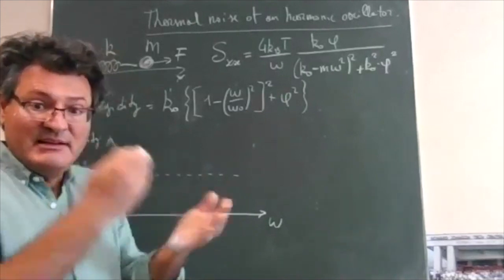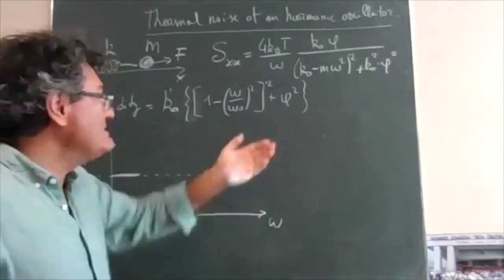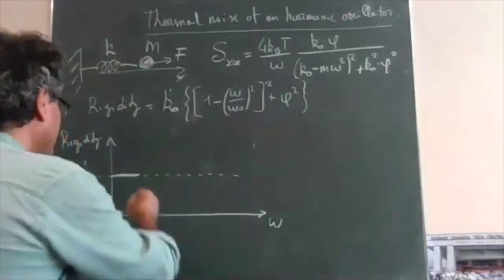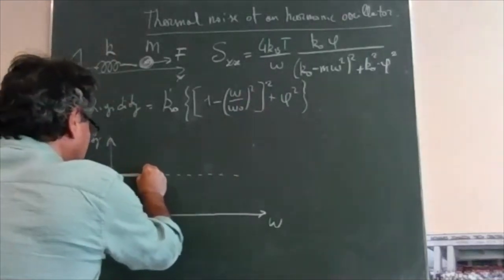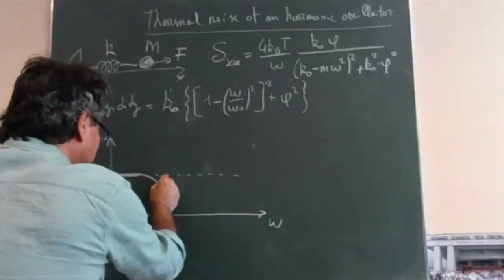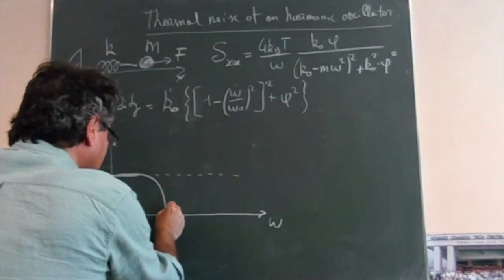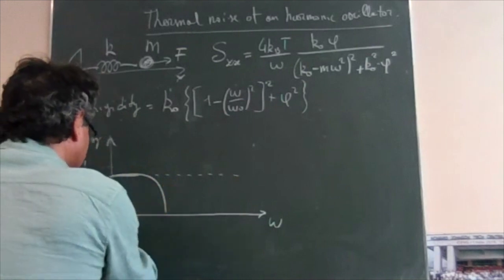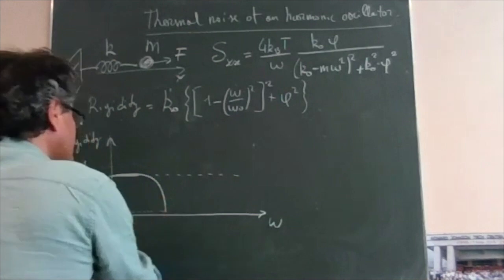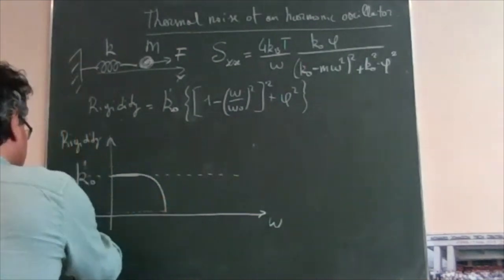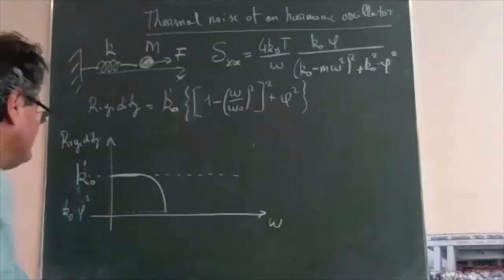The two effects cancel out, and what is left is just the dissipation. So when we increase the frequency, the rigidity goes down to this minimal level: k naught times phi squared.